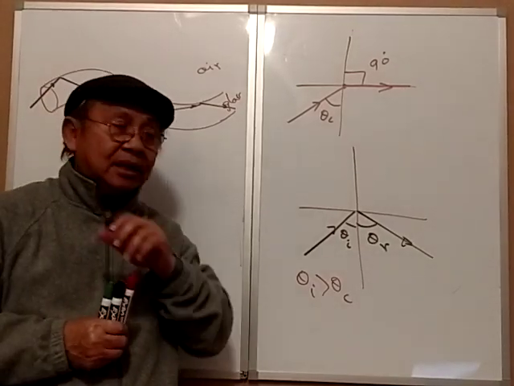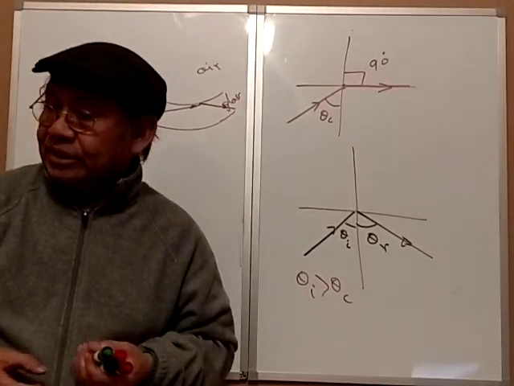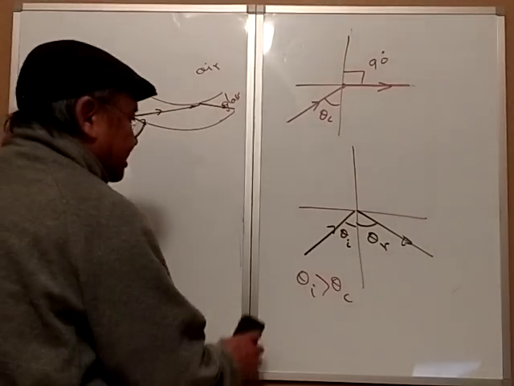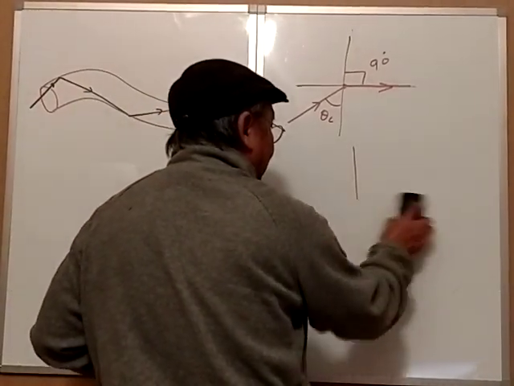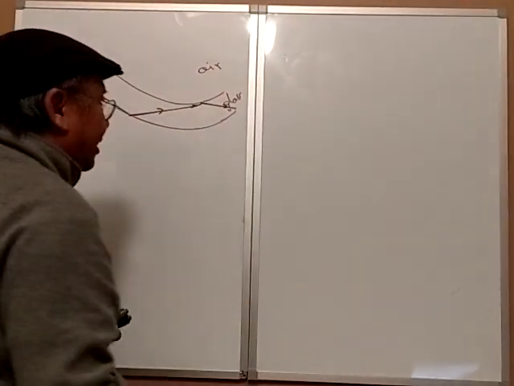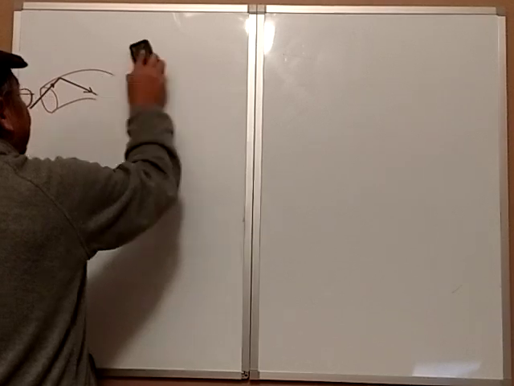Now, another thing that you can use total internal reflection to explain is something you already know all your life, called a rainbow. You know what a rainbow is? So let me explain briefly.